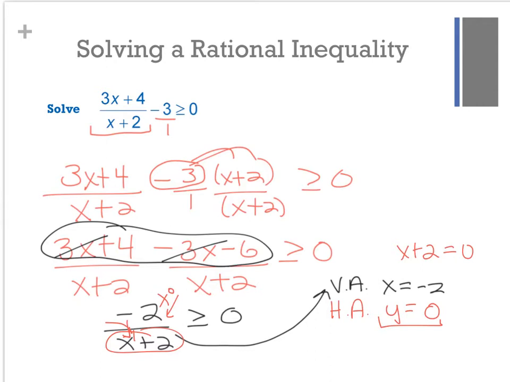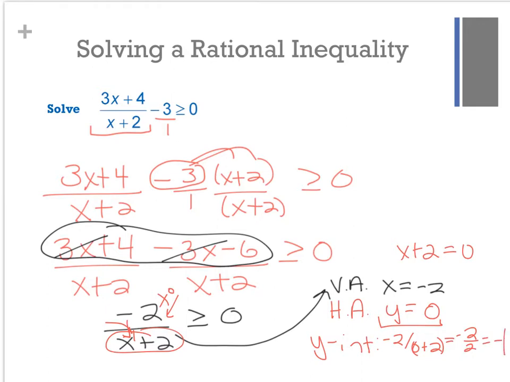One other thing I can do is find the y-intercept. The y-intercept is when I plug in 0 for x. So I get negative 2 divided by 0 plus 2. And when I divide those out, I get negative 2 over 2, which is negative 1.